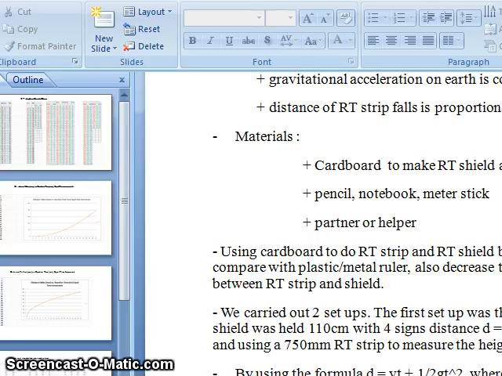So when we drop the ruler strip from point d = 0 millimeter on the ruler seal, the ruler strip runs from 0 to 700 millimeter by using the formula square root of 2d divided by g, and the formulas you can see in this Excel file.